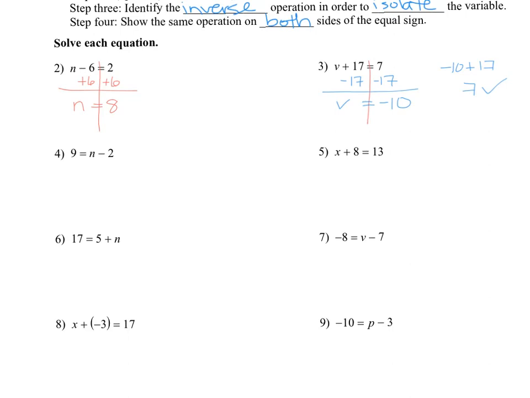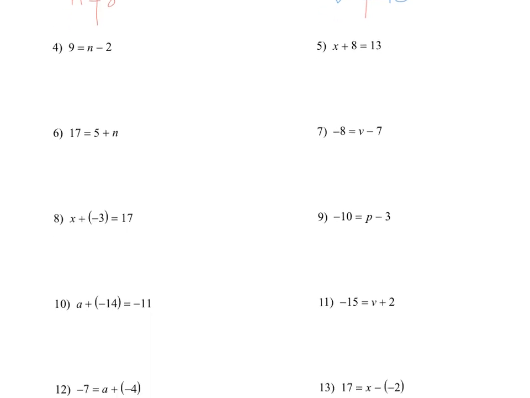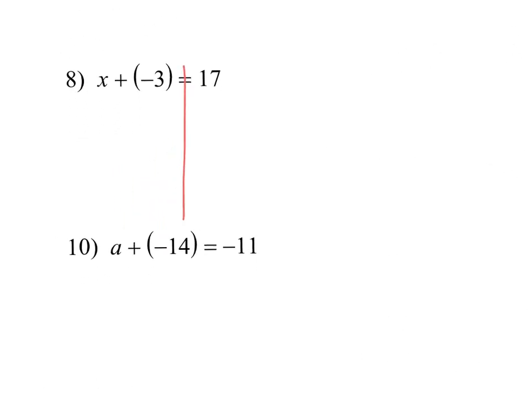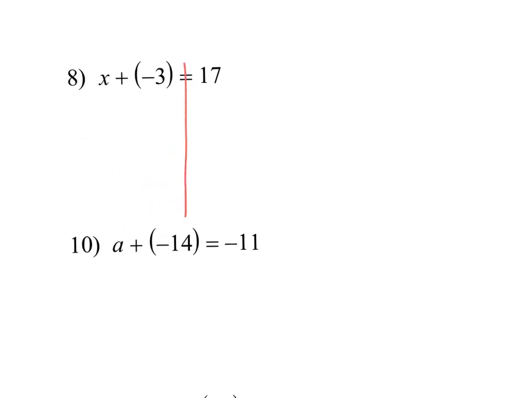And so just think about, as I'm glancing down, number 8 here, again, we're looking for additive inverses more than inverse operations, more or less. So let me just do number 8 with you real quick since it caught my eye. The variable's on the left. If I draw this line here, now it looks like we're adding, well, we are adding a negative 3.